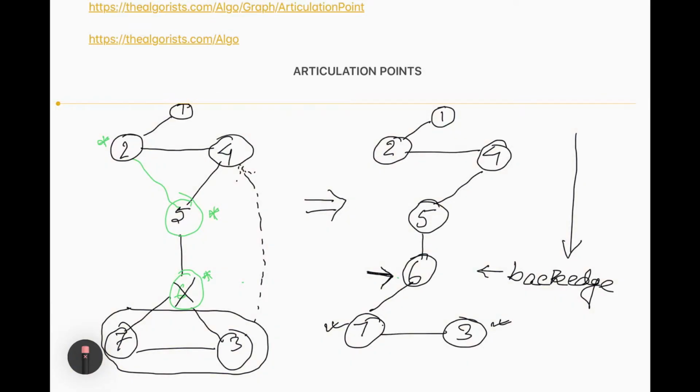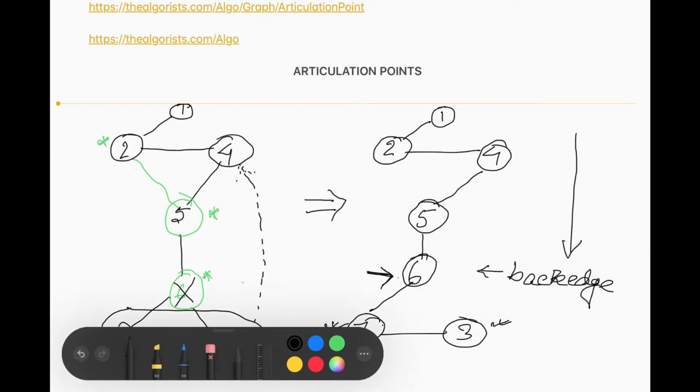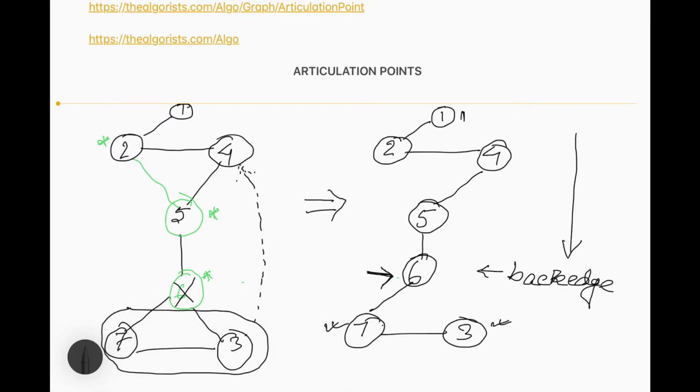The discovery time of node 1 is 1, because that is the first node we discovered. From there, in our DFS, we discovered node 2 second, so we put a discovery time of 2. For 4, we put 3. For 5, we put 4. For 6, we put 5. For 7, we put 6. And for 3, we put 7.